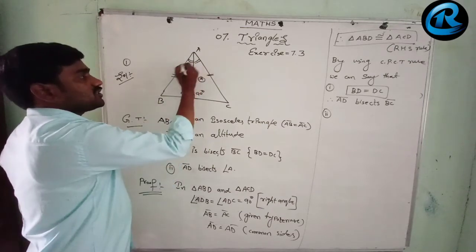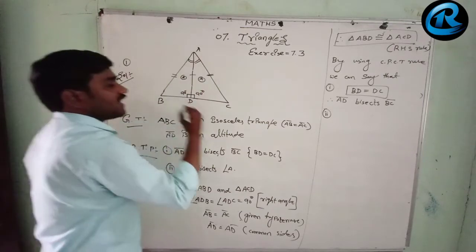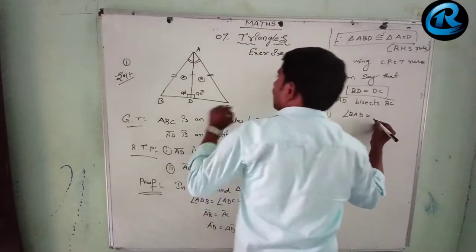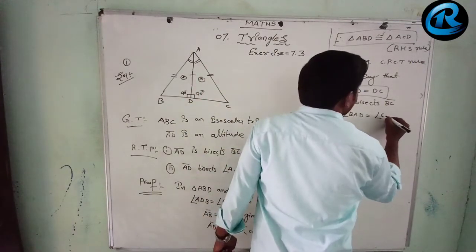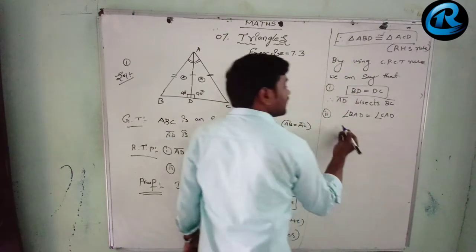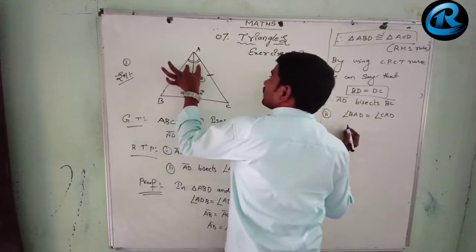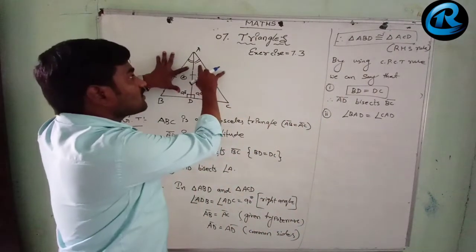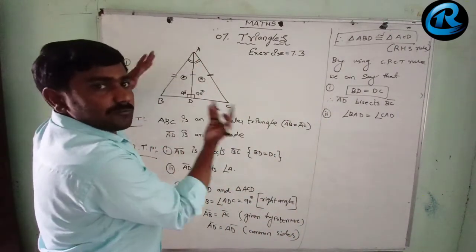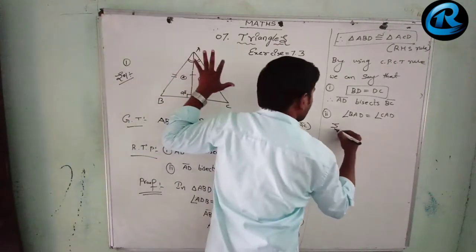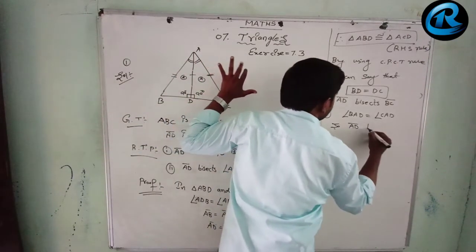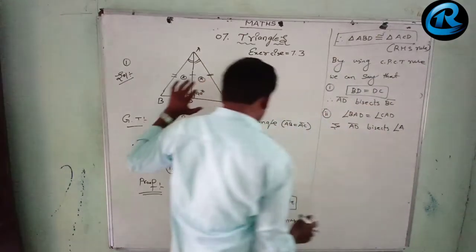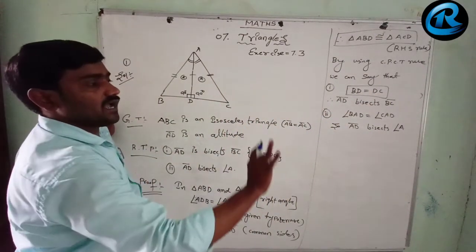And also by the CPCT rule, angle BAD is equal to angle CAD. ఇక్కడ BAD and CAD equal అంటే, ఎప్పుడైతే ఇది bisect అవుతుందో అప్పుడే equal అవుతాయి. So AD bisects angle A, finished.